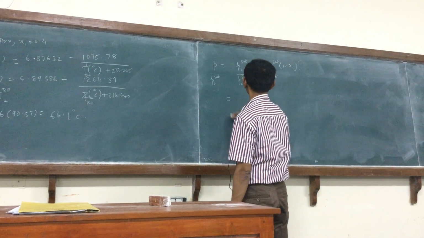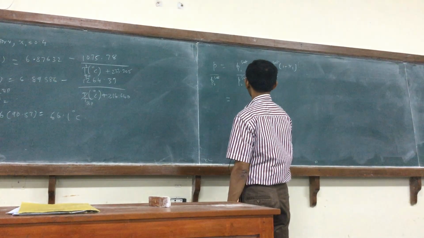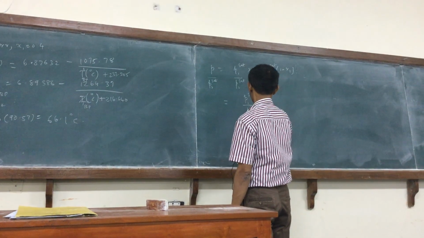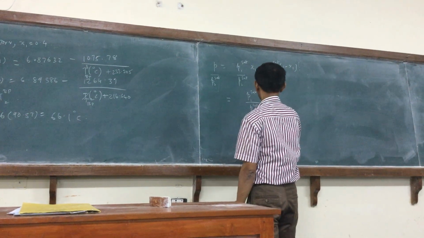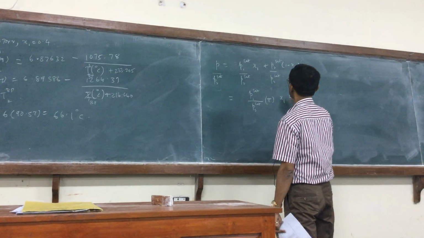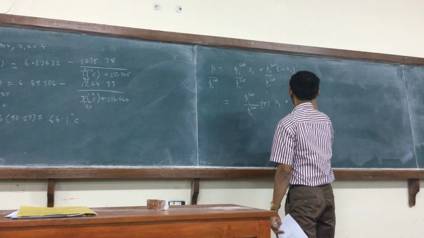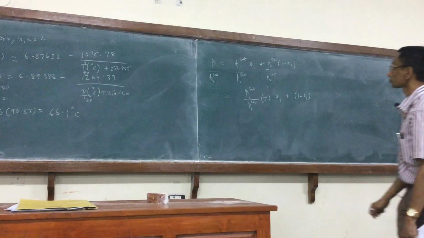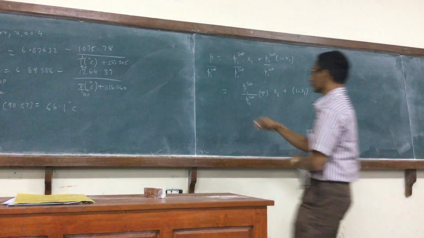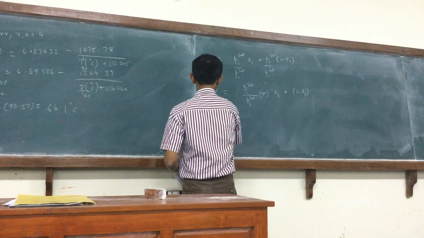So this is P1 sat by P2 sat of T times x1 plus 1 minus x1, which equals P over P2 sat.